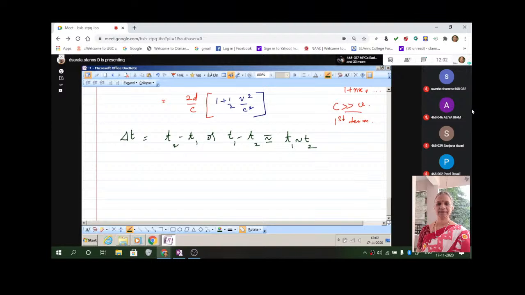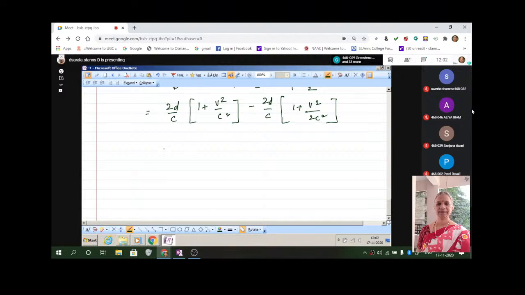So the difference in the time between the two intervals, T2 minus T1, can be written as 2d by c into (1 plus v square by c square) minus the above equation, 2d by c into (1 plus v square by 2c square).